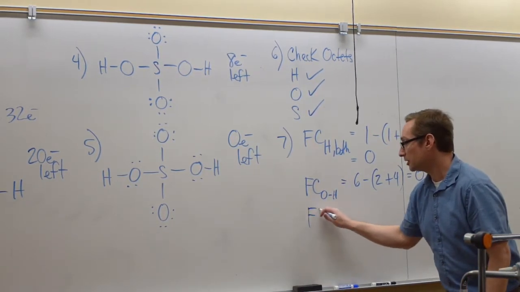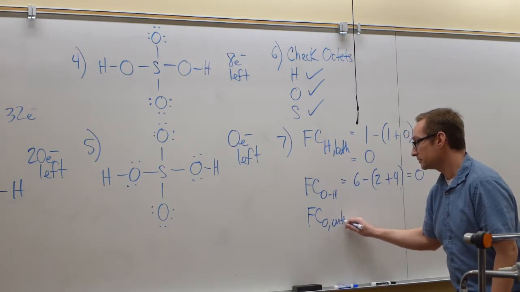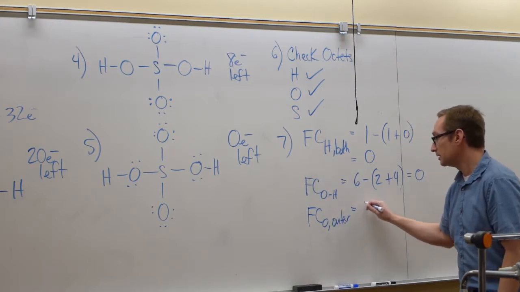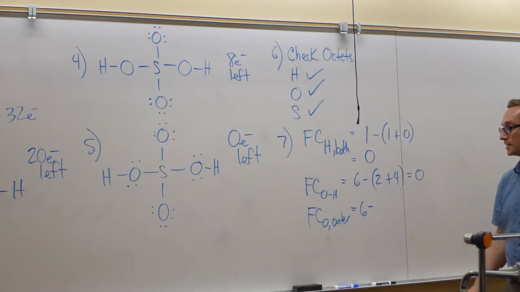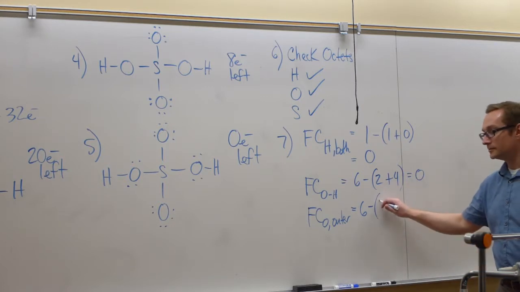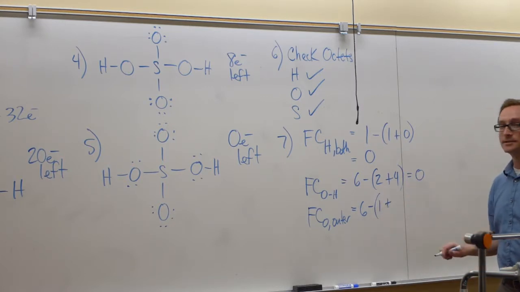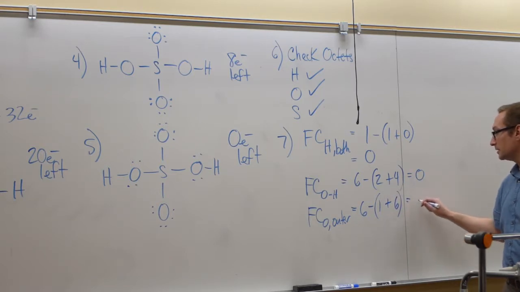What about the formal charge for the outer oxygens? Okay, the outer oxygens. 6 in the free atom, okay. Valence electrons are 6, group 6A. How many bonds? 1 bond. How many dots? 6 dots on the outer oxygens.